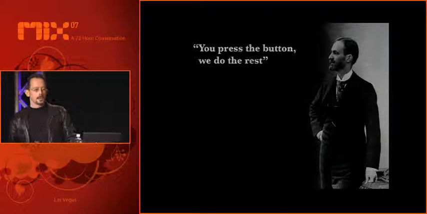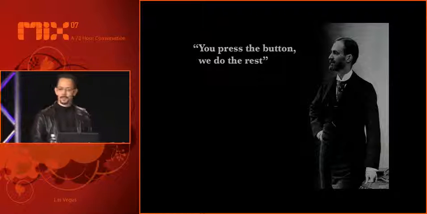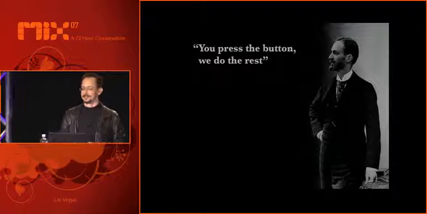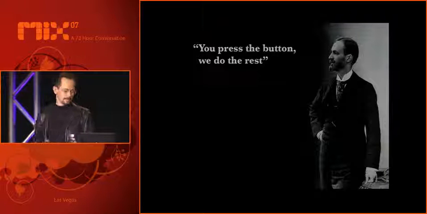And he recognized that his invention, film that comes on a roll, opened up new possibilities for the experience that people could have with photography. And he described that experience this way: you press the button, we do the rest. Not 19 different parts to keep track of, but very, very simple.